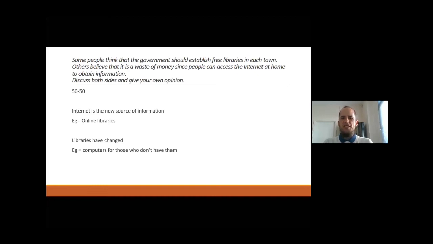Don't get triggered by the question. So, for example, if we took something to the extreme and said, some people believe that eating pork is good for their health. Others believe that it is not good for people to eat.